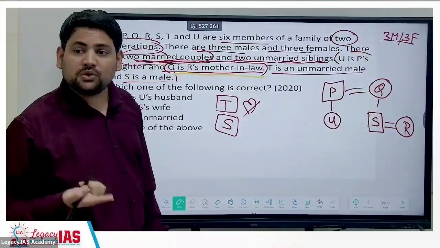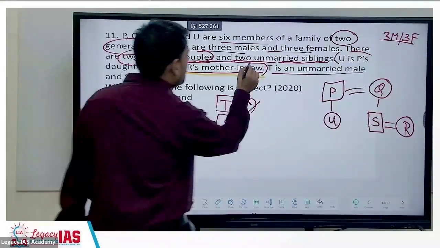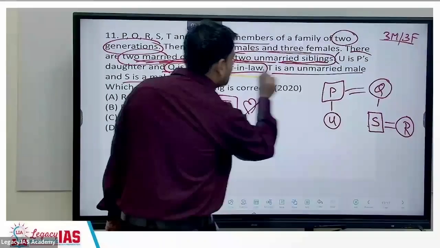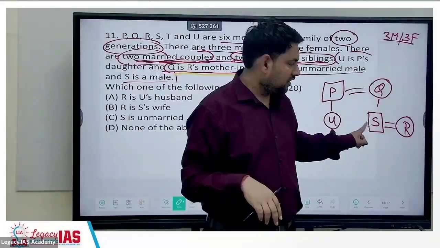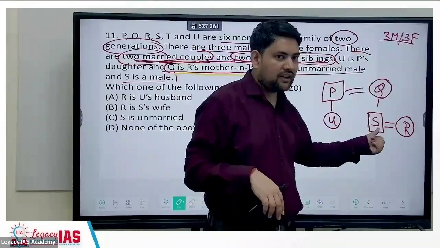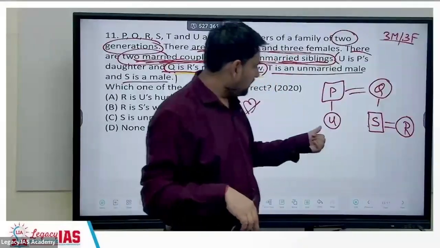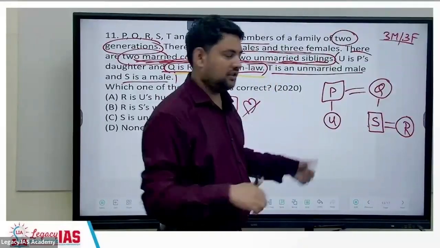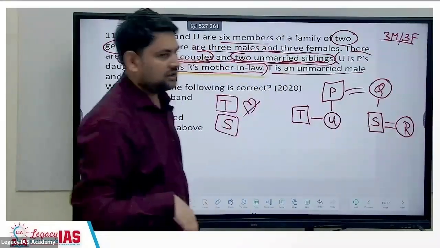Now, what more information do we have? There are two unmarried siblings. So now, if we join T here, then he'll have a married sibling, because S is married. So we have to add T here.